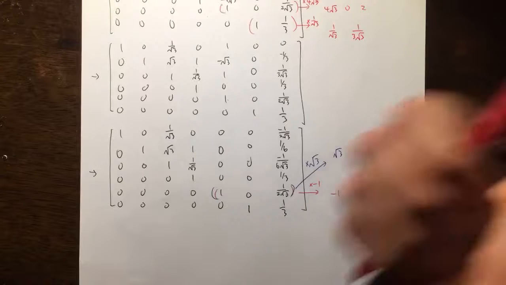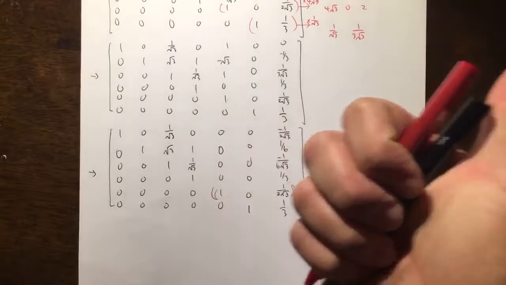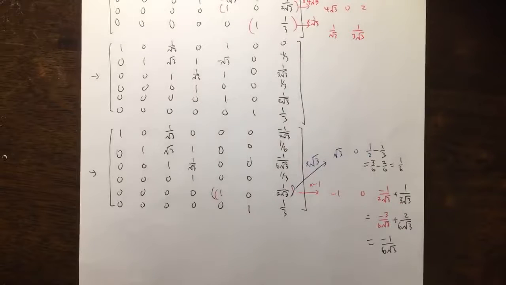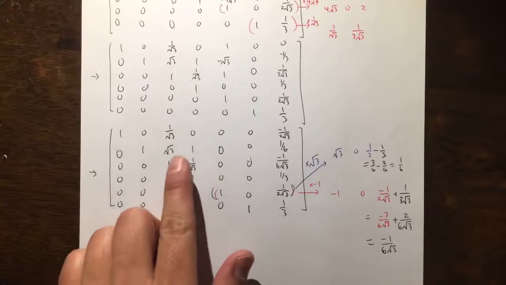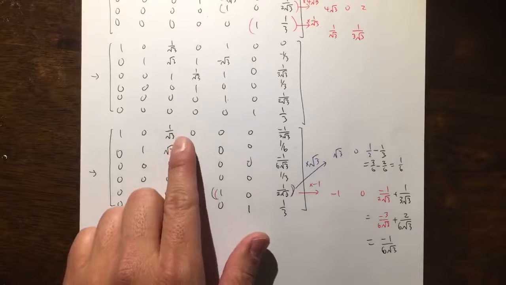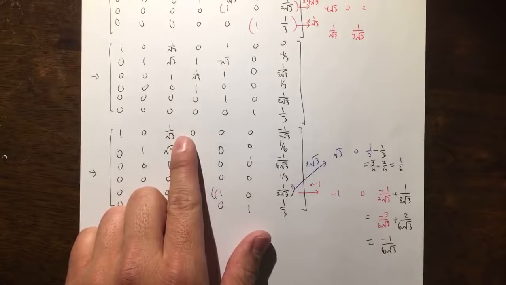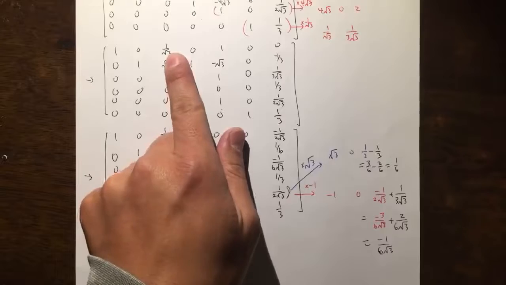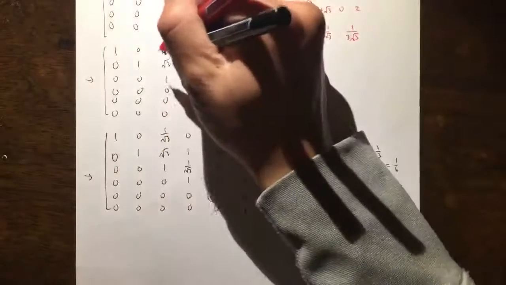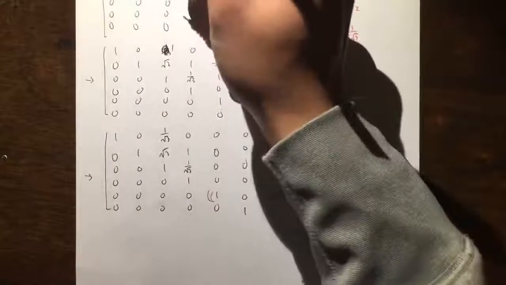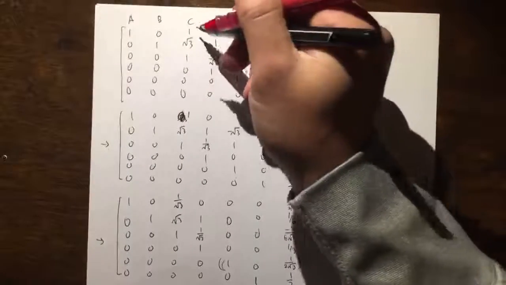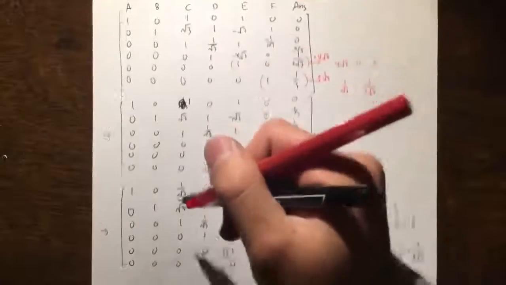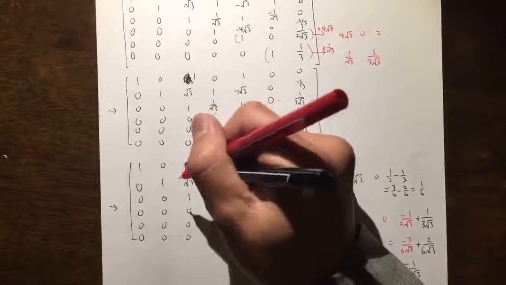Okay, so I think we're good, yeah? 1 over square root of 3 should be 1. Where is 1 over square root of 3 should be 1? Ah, you mean this right here, yeah? Sorry, you're right. This right here should be 1. Right. Because originally this is 1, and this is still 1. I saw it wrong. This right here should be just 1. That's right.